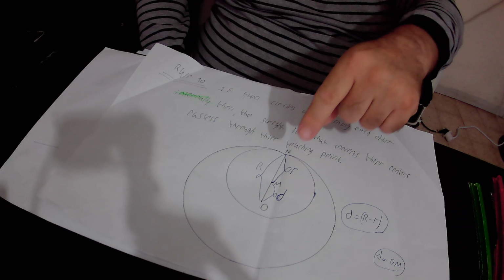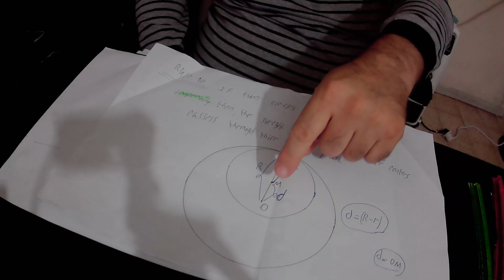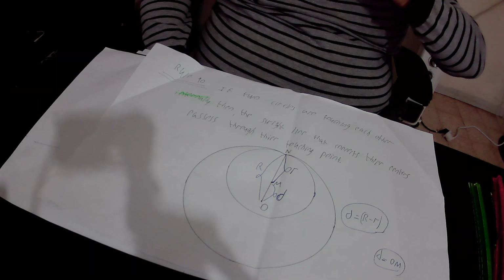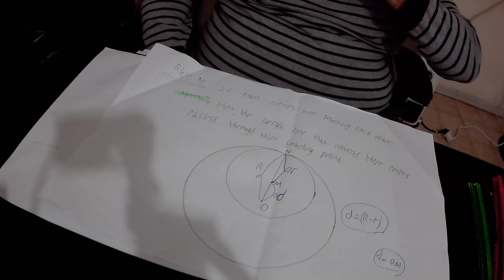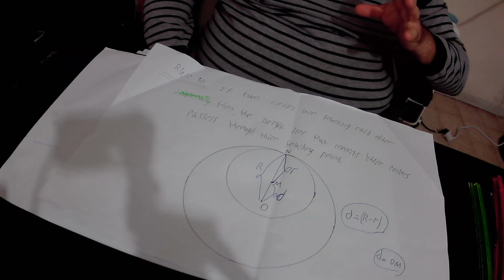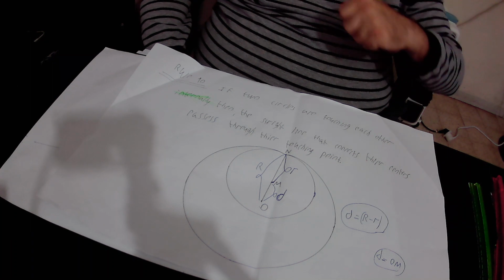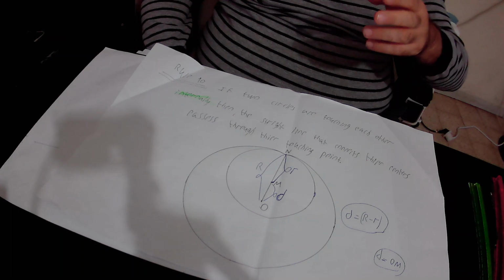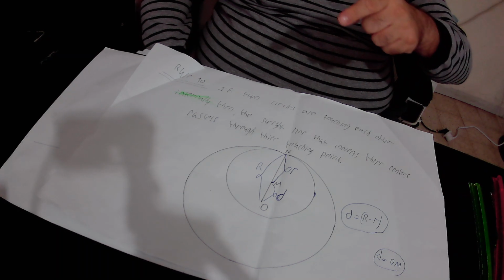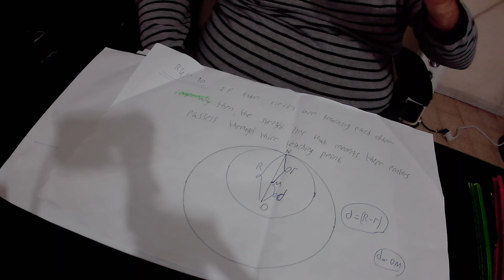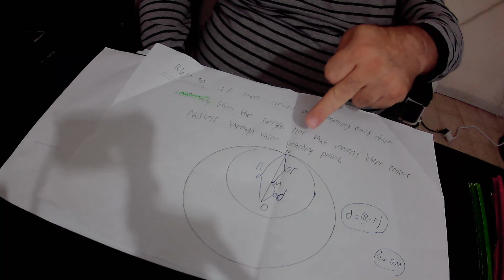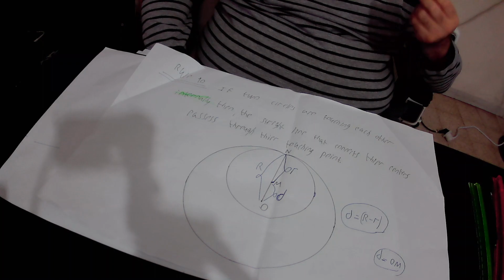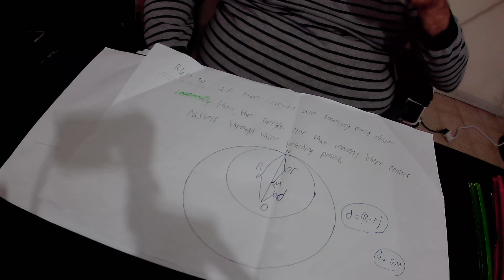Okay, the distance between their centers is equal to capital R minus small r, or MO equals capital R minus small r. So we can summarize and say that whenever we have an internal touching between two circles, that is to say the two circles are touching each other internally, in this case at point N, then the straight line that connects their centers together must pass through their touching point.